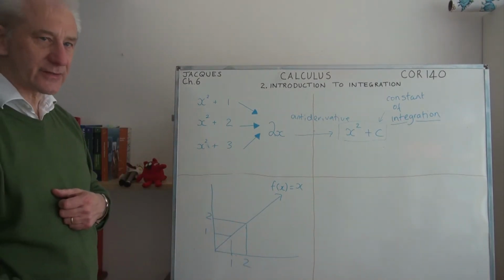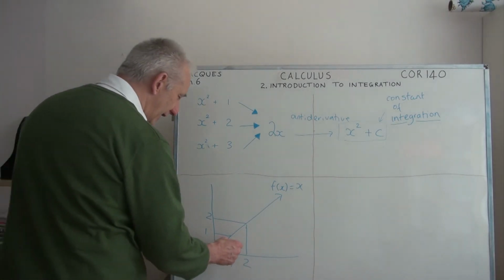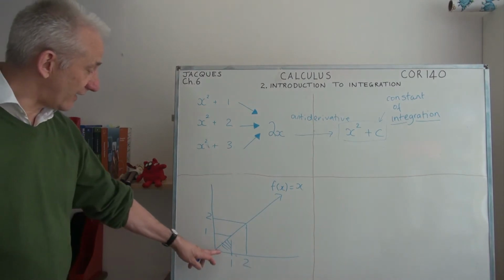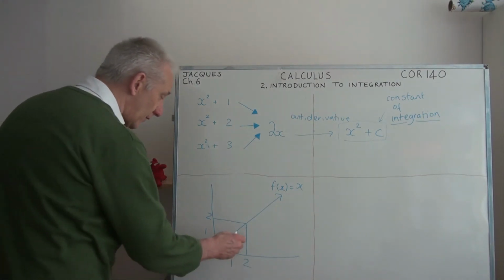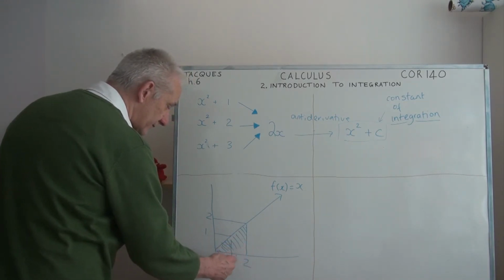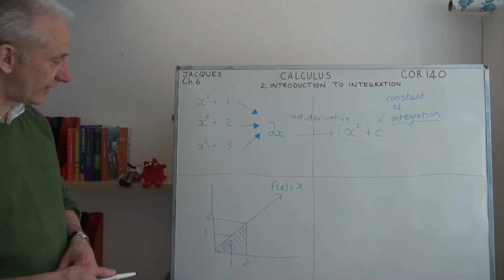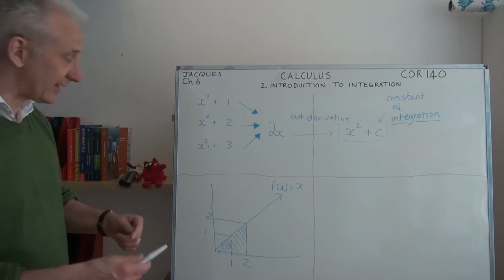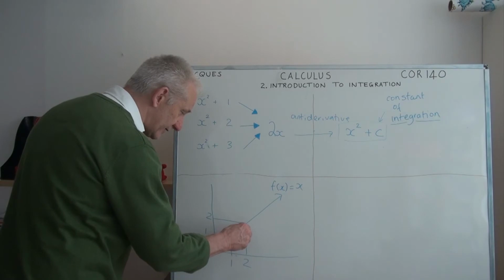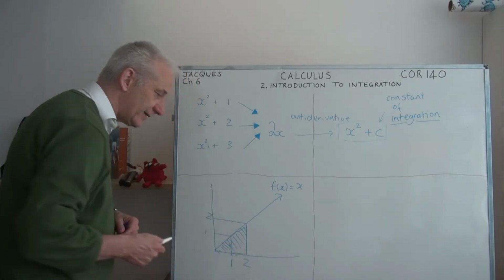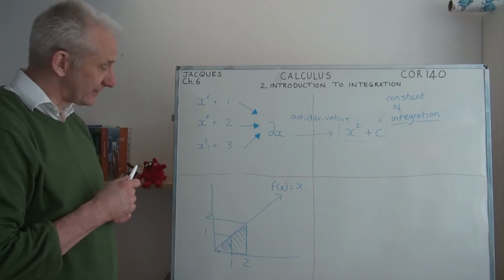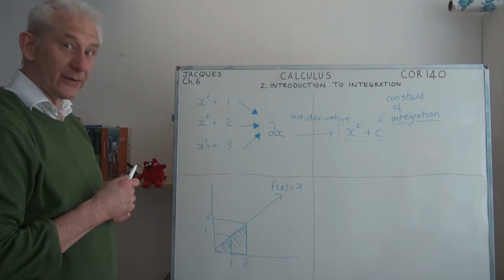And we can ask ourselves the question, what is the area of, say, that triangle there, or the area of the bigger triangle there as well? We could even ask ourselves, what is the area of this four-sided shape here? We can use antiderivatives to find out what that area is.